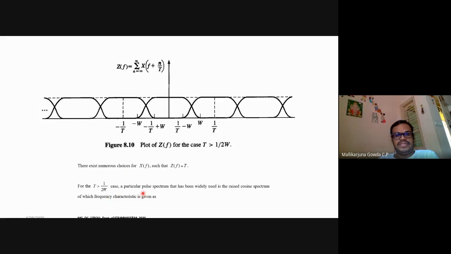So in this case, a particular pulse spectrum that has been widely used is this one. What is that? Raised cosine spectrum. The pulse shape which has this type of behavior we call a raised cosine spectrum. We'll see what its frequency characteristics and advantages are.